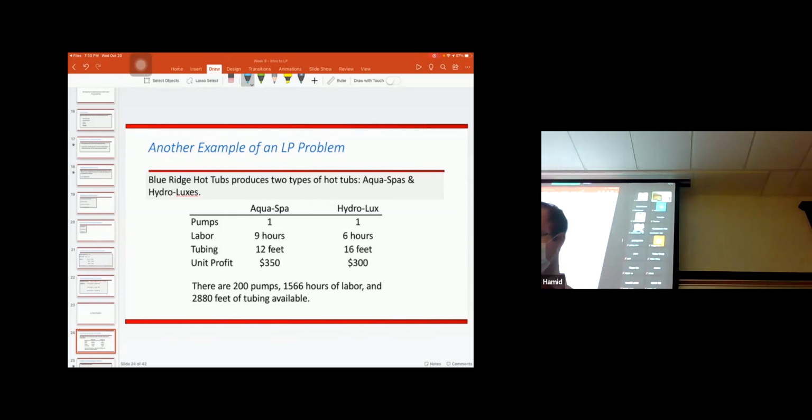Hydrolux still just needs one pump, 6 hours of labor, 16 feet of tubing, and $300 of unit profit. So if you sell the second one, you make $300. If you sell the first one, you make $350.